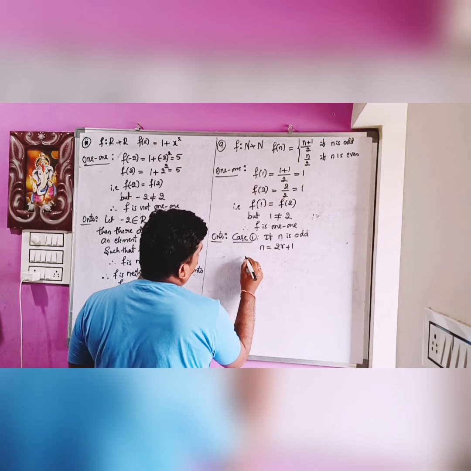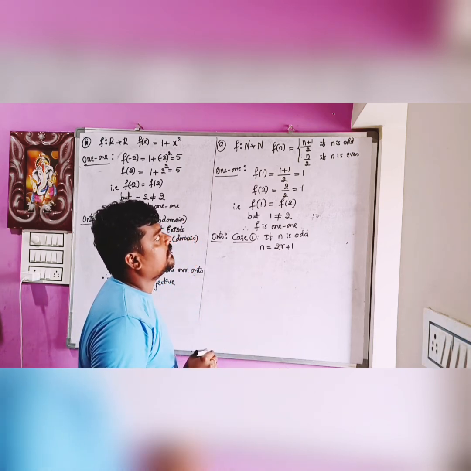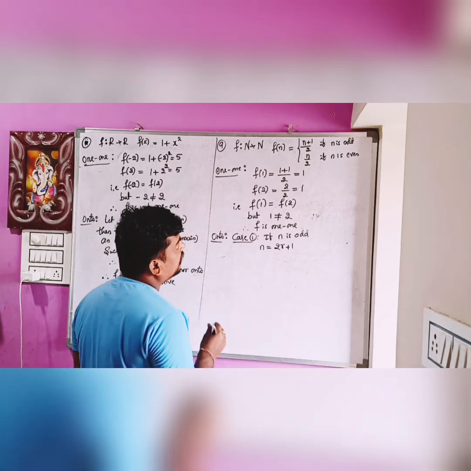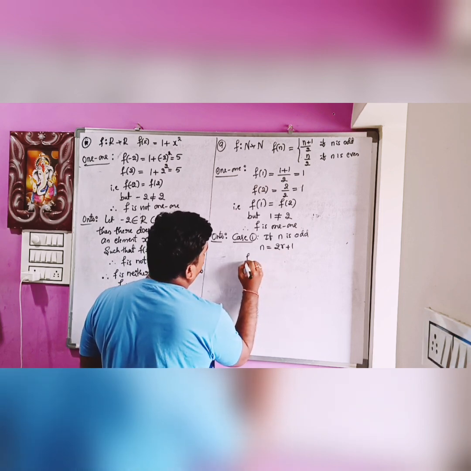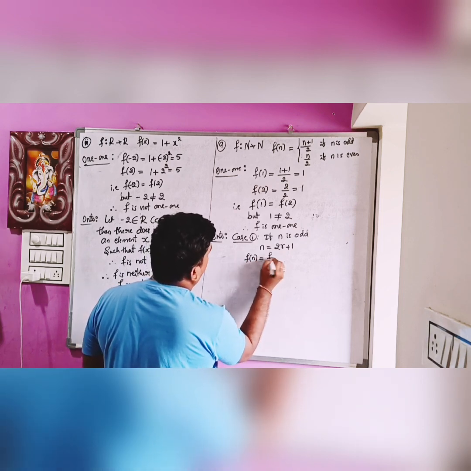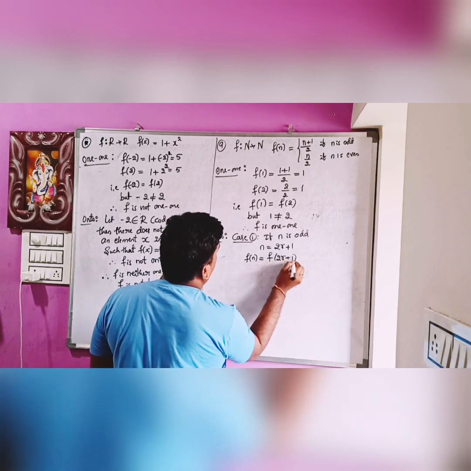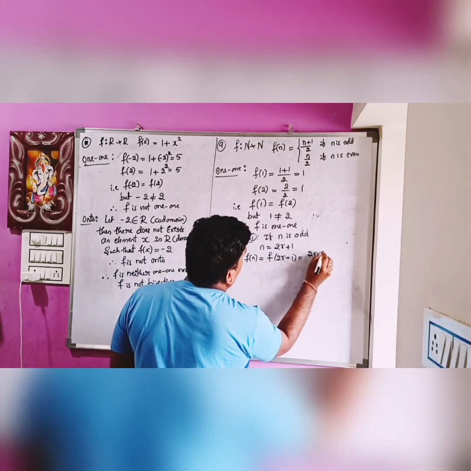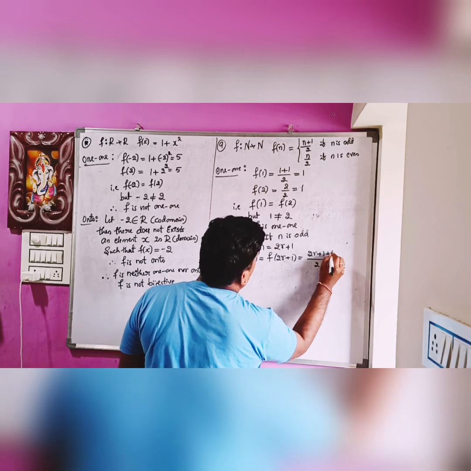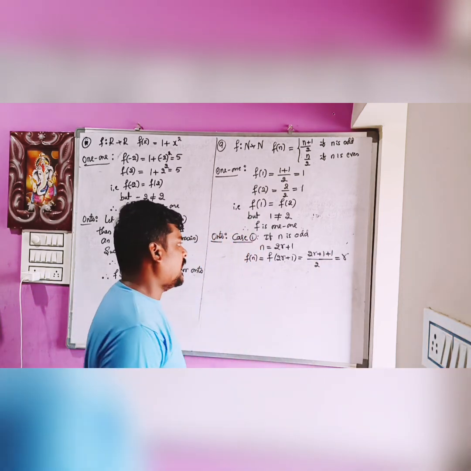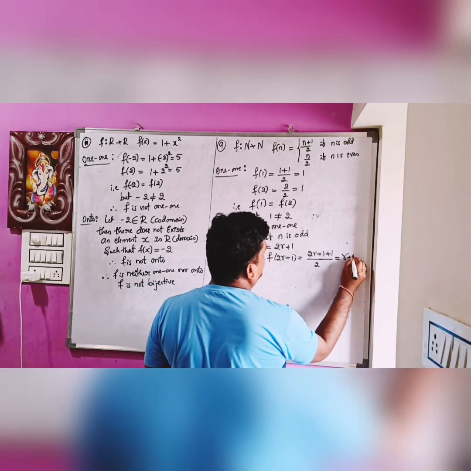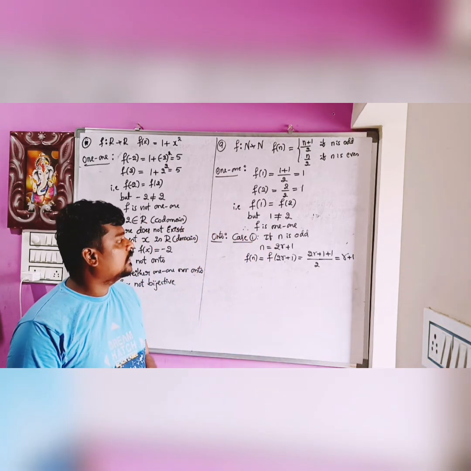Substituting, f of n is equal to f of 2r plus 1, which is 2r plus 1 divided by 2, so this plus 1 as it is, means we get r plus 1.